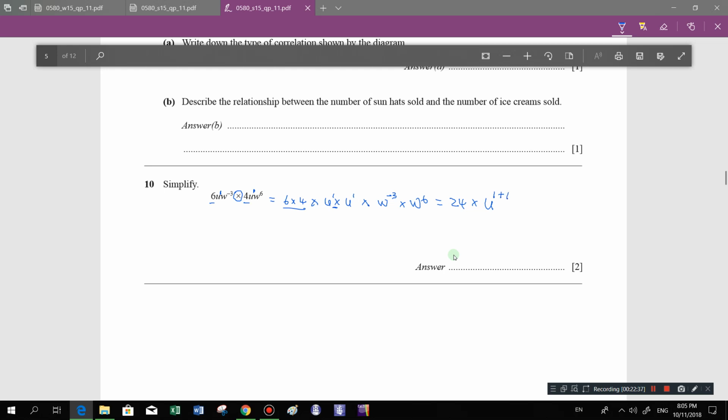Okay, times w minus 3. Remember this times, this is plus. The number here is 6, sorry. So this is 24 times u2 times 3. Then put them together, 24 u2 w3. This is the answer.